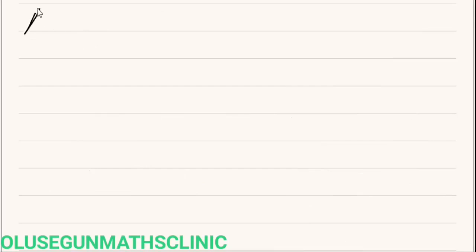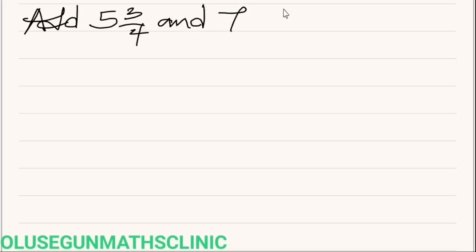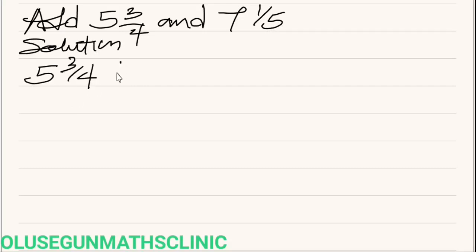The question said add 5 whole number 3 over 4 and 7 whole number 1 over 5. Solution. So therefore, if we have 5 whole number 3 over 4 plus 7 whole number 1 over 5 is equal to, the first thing you need to do is to add up the integer part, which is 12 plus.